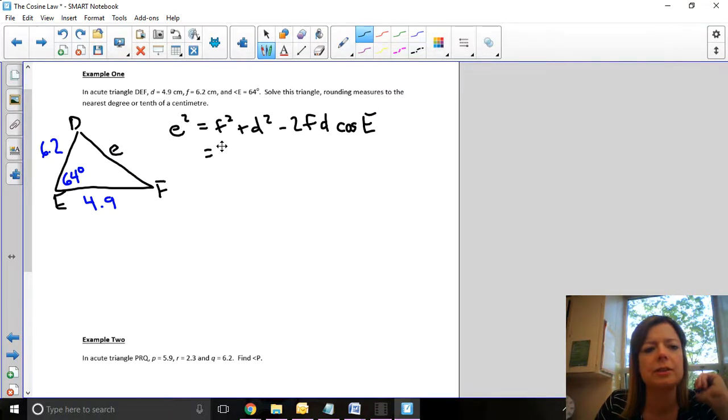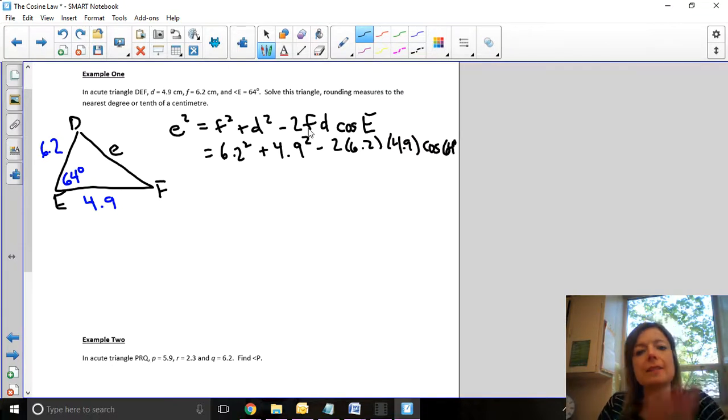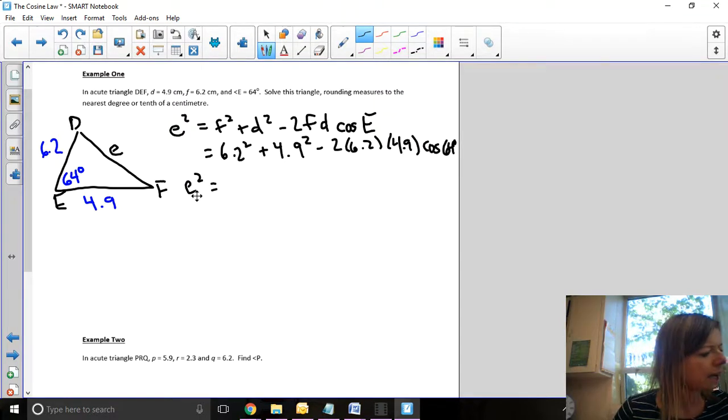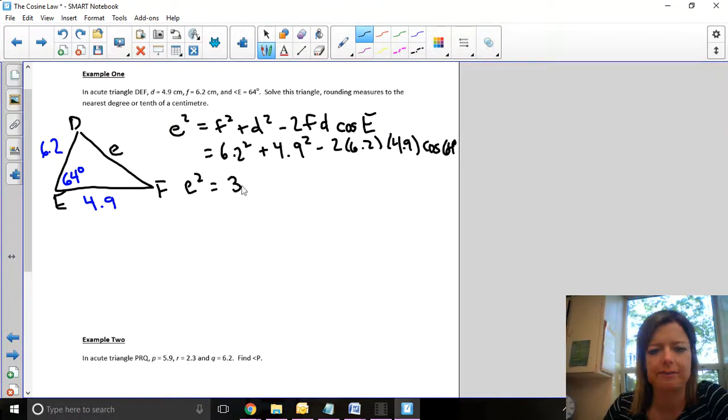So this is equal to 6.2 squared plus 4.9 squared minus 2 times 6.2 times 4.9 times cos of 64 degrees. Now the nice thing is that your calculator can do all this for you as long as you're entering it properly. So I encourage you to try that now. You should get that E squared is equal to 35.815.